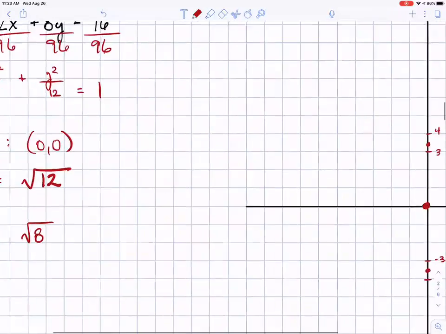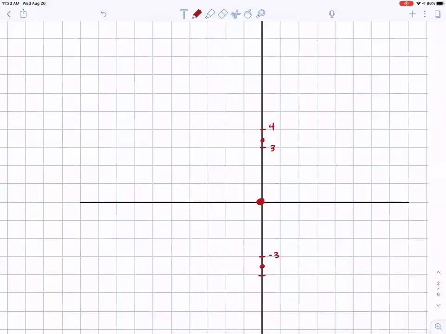So then how do I put that on my graph? Which direction? Yeah, it's going to go right and left, 2.9. Now that I've drawn my center, H and K, and I've drawn my A's and my B's, connect the dots.